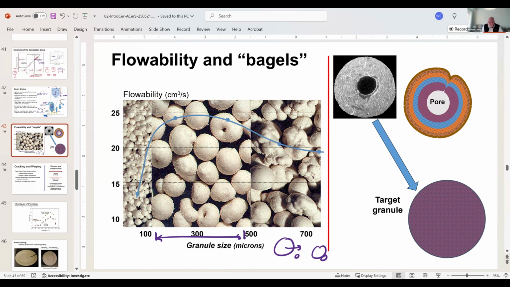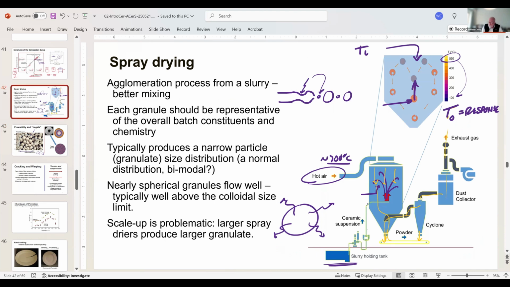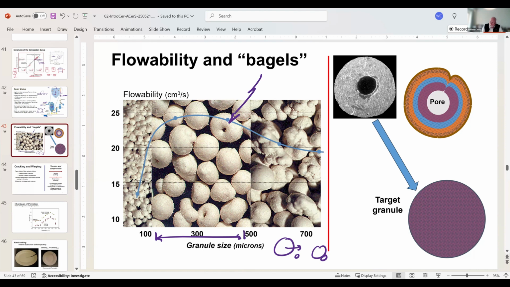This shape is interesting because we call that the bagel, okay? And the bagel is because in the spray dryer, it shows in this cartoon version here, okay, you'll see this configuration, right? And the granule looks like this coming out. It comes in like this. But what happens is in the early stages of drying, it's hotter on the top than on the bottom.